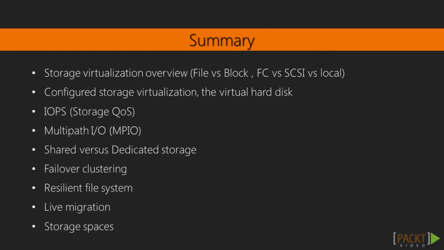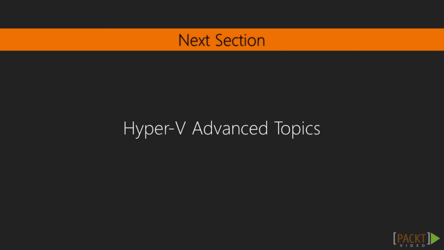In this section, we learned about storage virtualization, how to configure virtualized storage, IOPS and quality of service, multipath I/O, shared versus dedicated storage, failover clustering and clustered shared volumes, the new resilient file system, live migration, and storage spaces. In the next section, we will look at some relevant yet advanced topics.